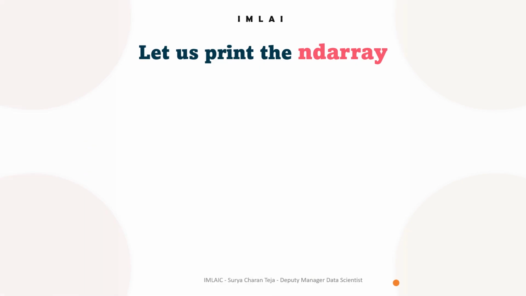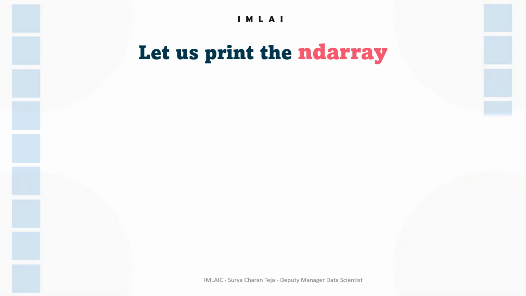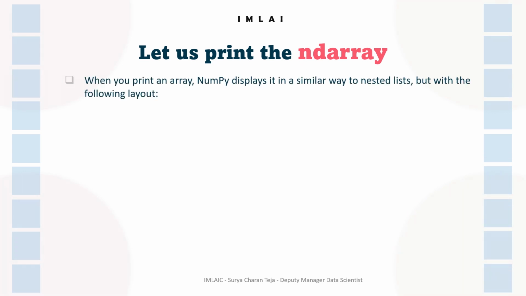Now let's look into the printing of arrays. Let's print the ND array. When you print an array, NumPy displays it in a similar way to nested lists, but with the following layout. First, the last axis is printed from left to right.